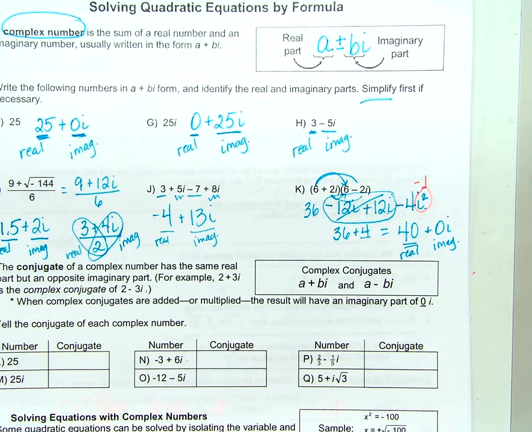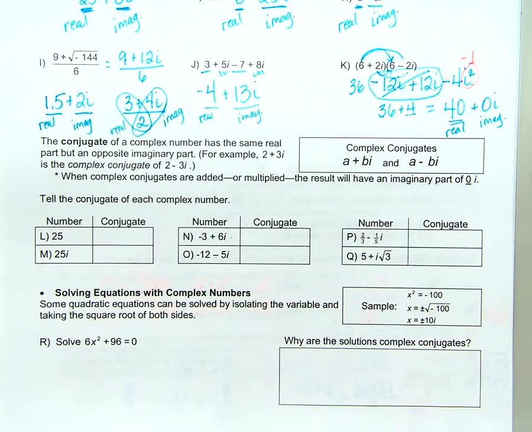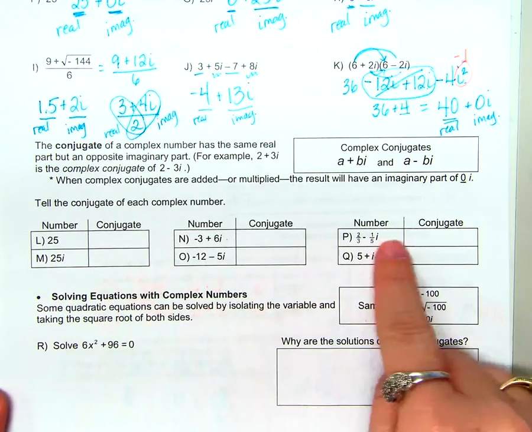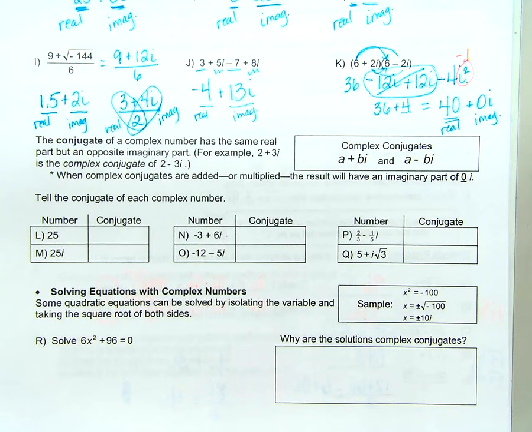Okay, are you ready for the easiest thing we're going to do all day? Complex conjugates. How difficult does that sound? Very. Okay? Which one of these problems right here looks the most difficult to you? P?